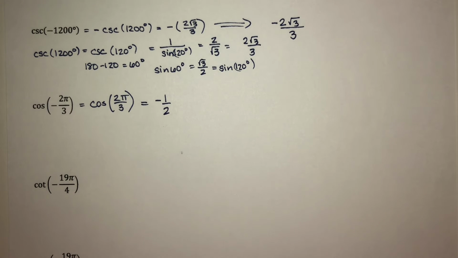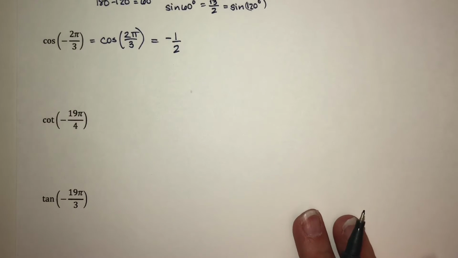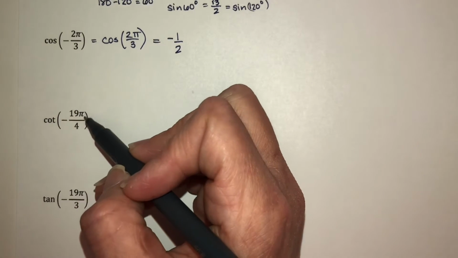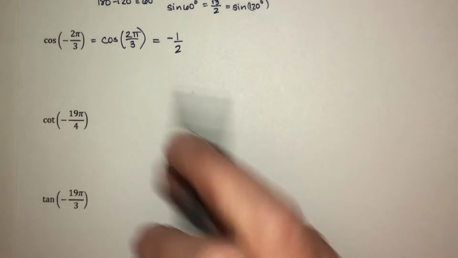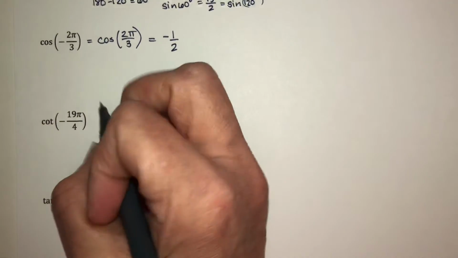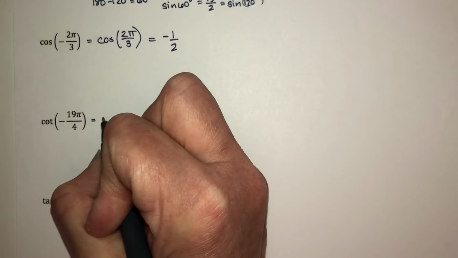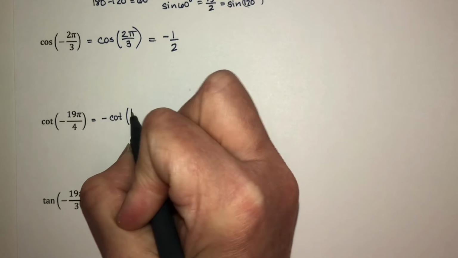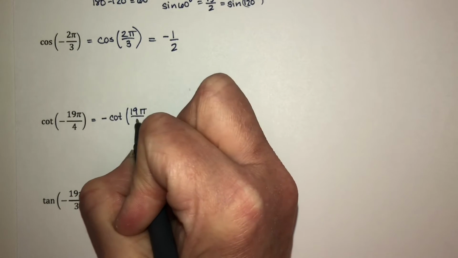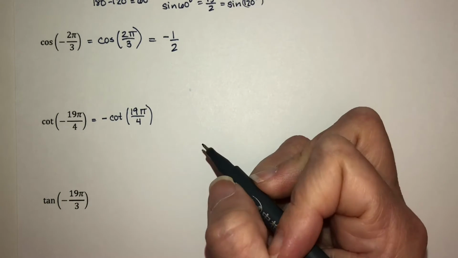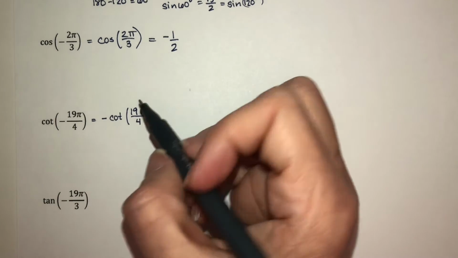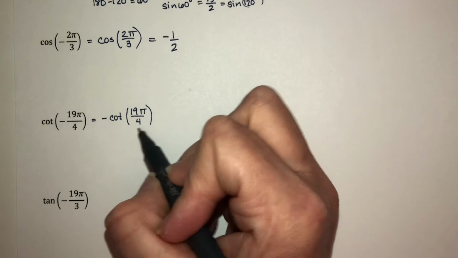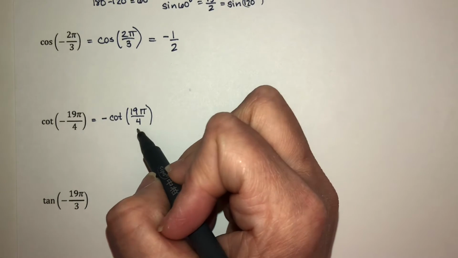Okay. Now, cotangent of negative 19 pi over 4. Cotangent is an odd function, so I would like to find negative cotangent of positive 19 pi over 4. Now, this is larger than 2 pi.